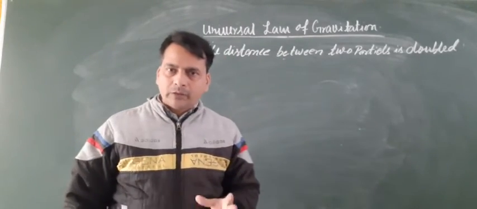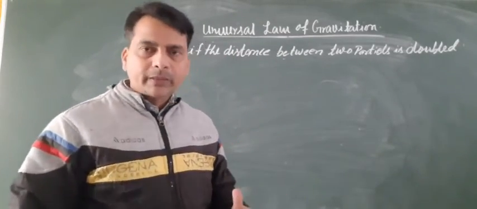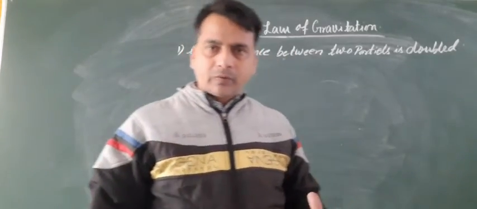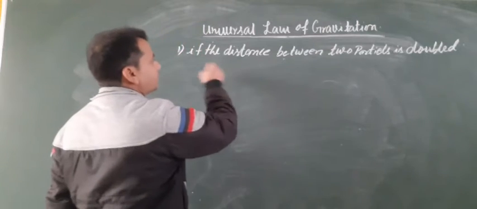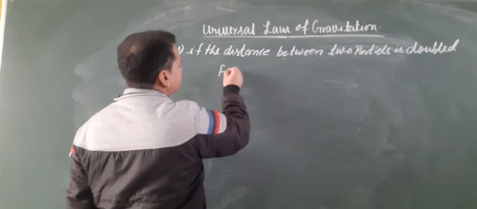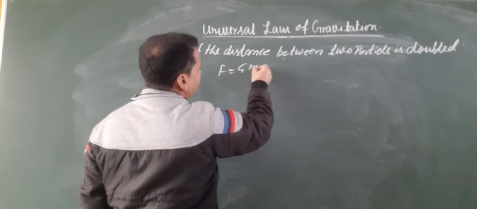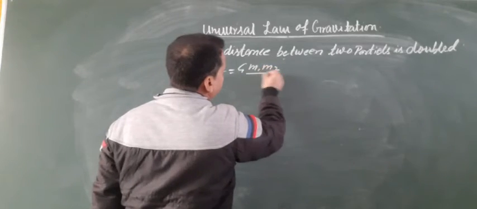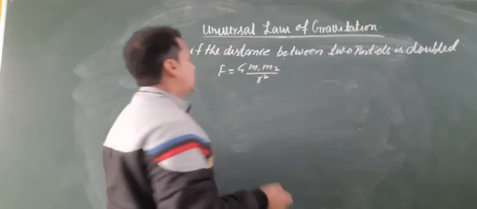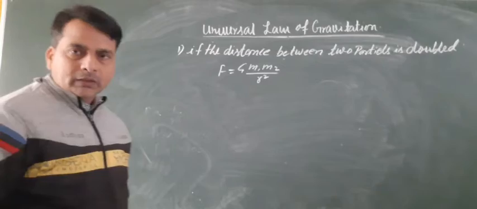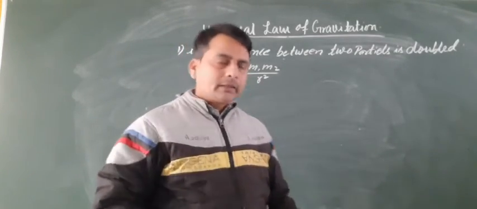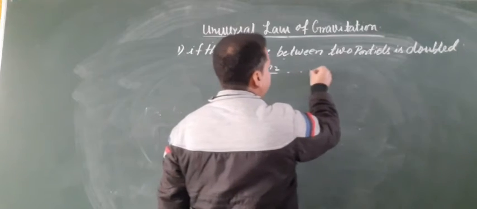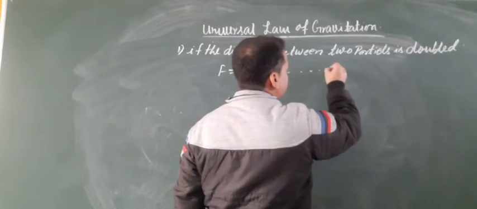So as you know that the formula of the gravitational force, F equal to G m1 m2 by r square. That is the gravitational force for the first equation.